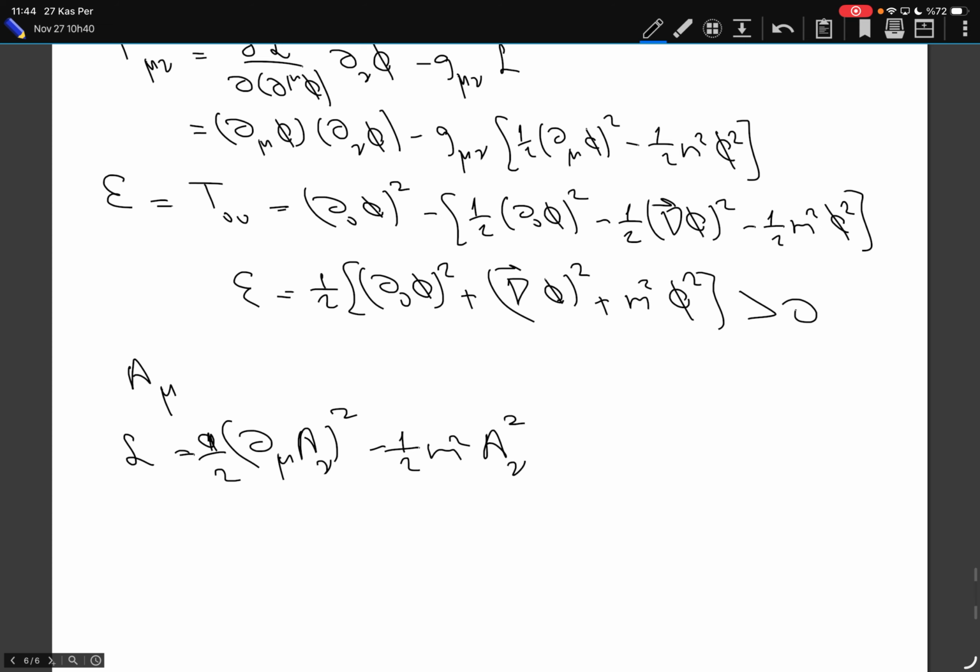Let's try to calculate the energy momentum tensor for this thing.